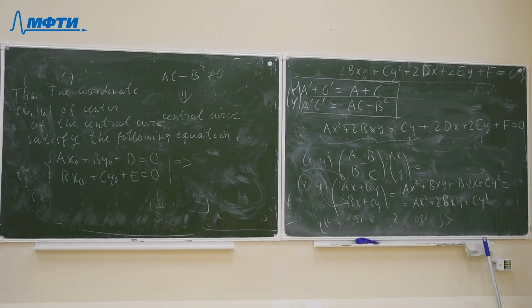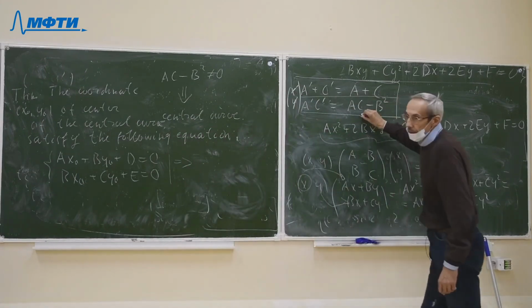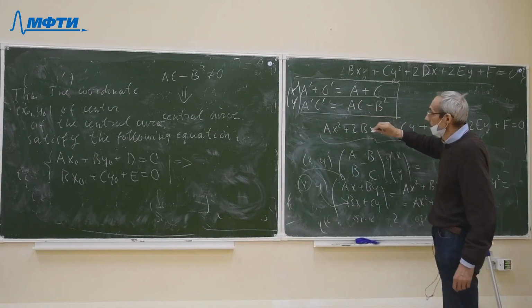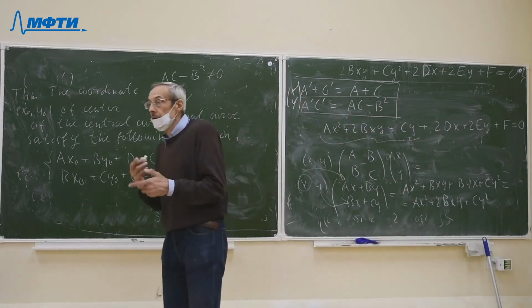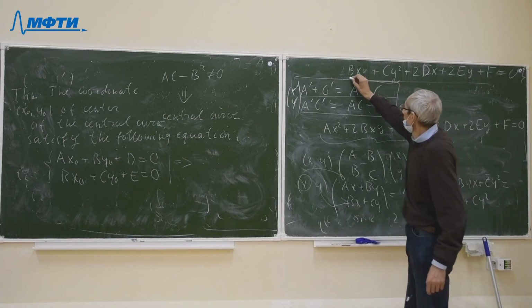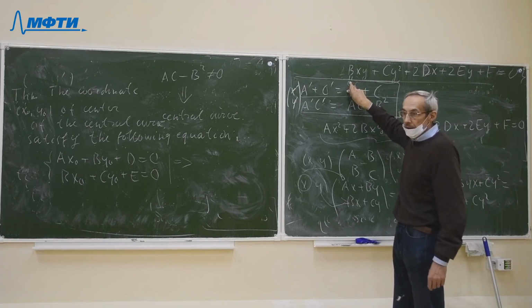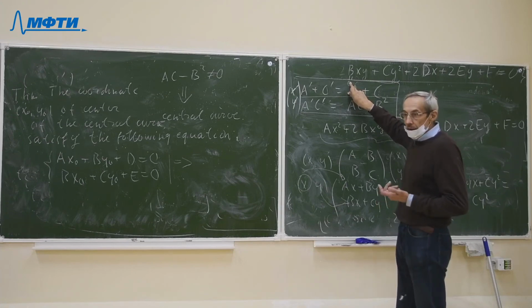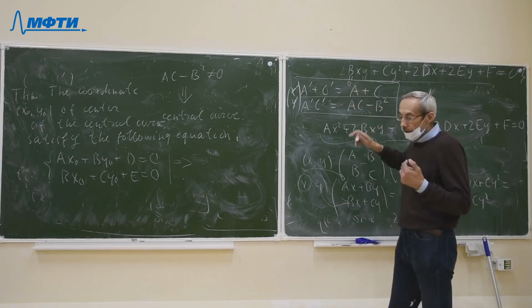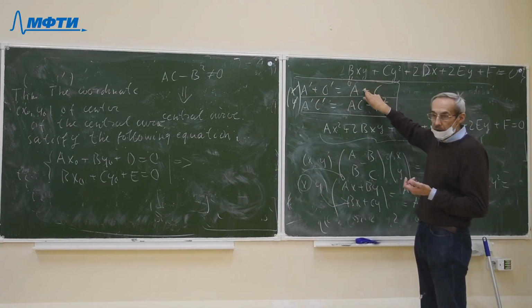I'm sorry. The question: why do we need that this coefficient be zero? My explanation is the following. First of all, we consider the case when this coefficient b is equal to 0. And in this case, we obtain the classification of such a curve. We solved this problem in this case. And the second step is to reduce the general problem to this partial case.